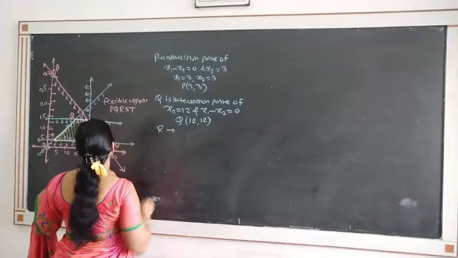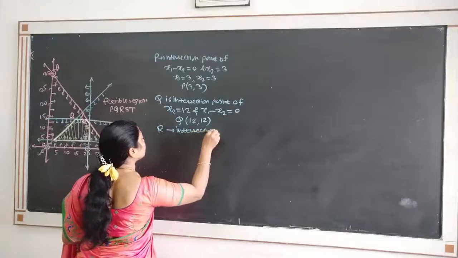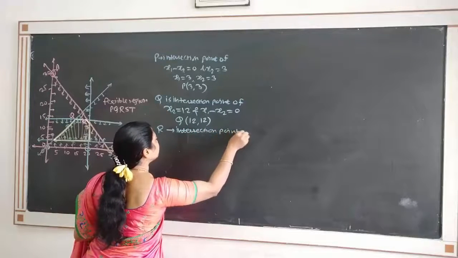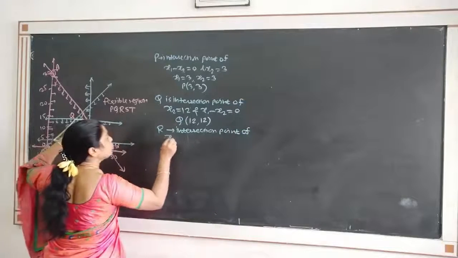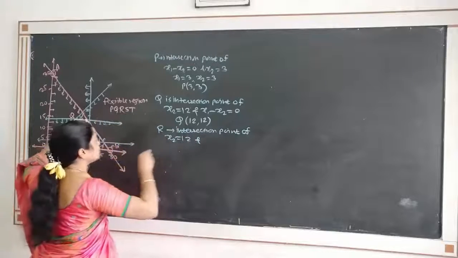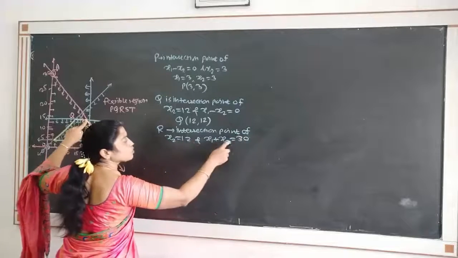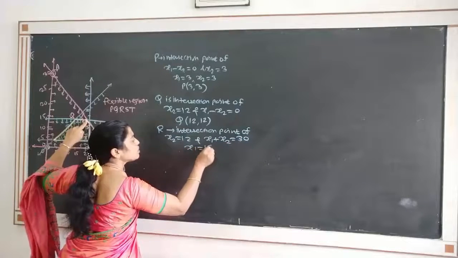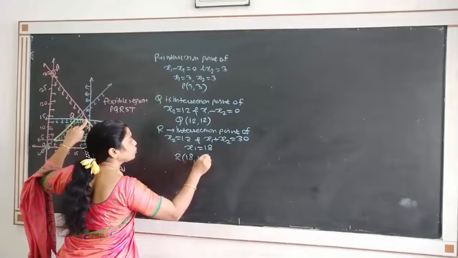Next is R, the intersection point of x2 equal to 12 and the first line, that is x1 plus x2 equal to 30. Put x2 equal to 12, so x1 is equal to 18. So the R point comes to be 18, 12.